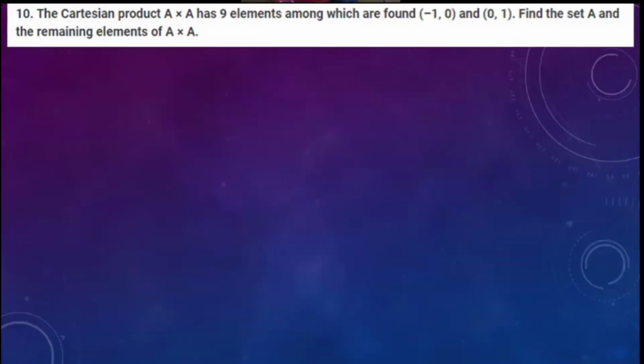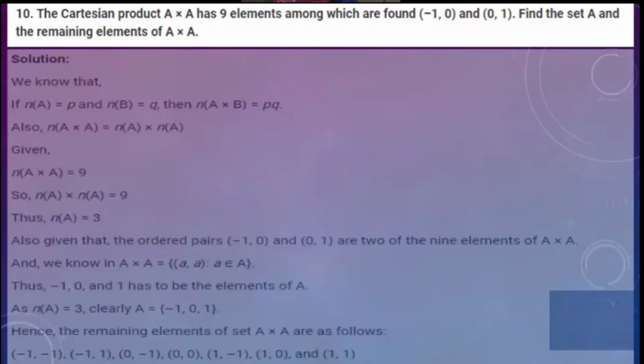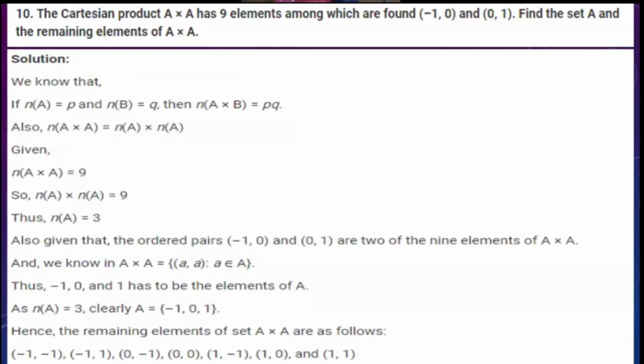Okay, now see the next question. The Cartesian product A into A has 9 elements, and among them are (-1,0) and (0,1). Find the set A and the remaining elements of A into A. Here if n(A) is p and n(B) is q, then the number of elements in the Cartesian product A into B equals p into q.